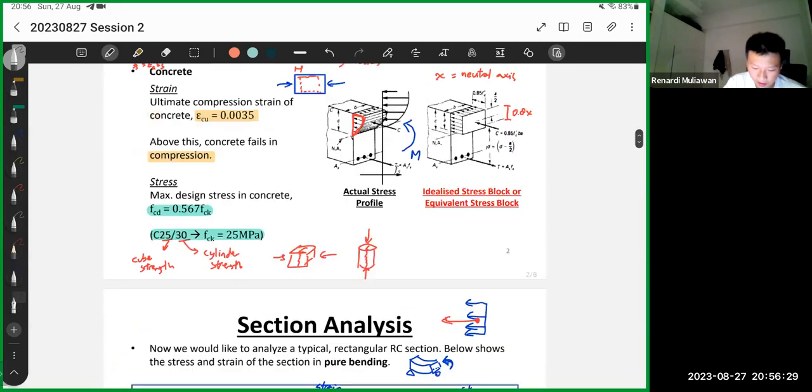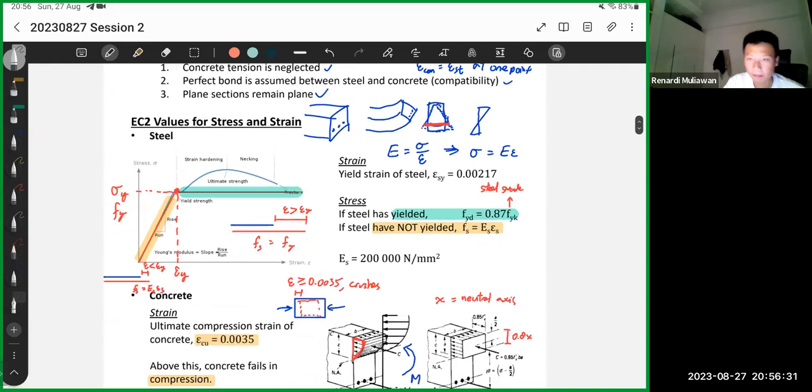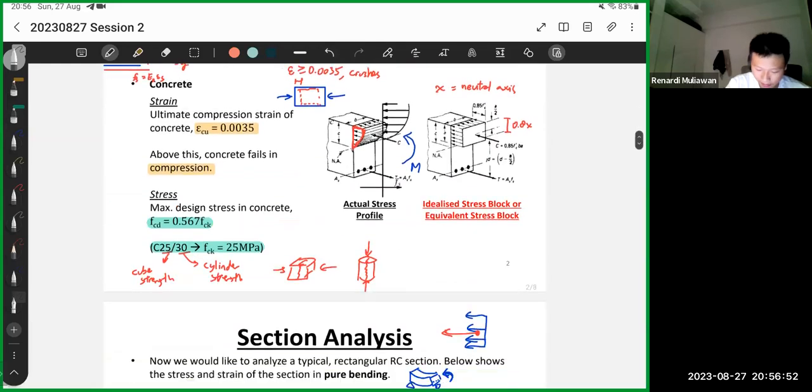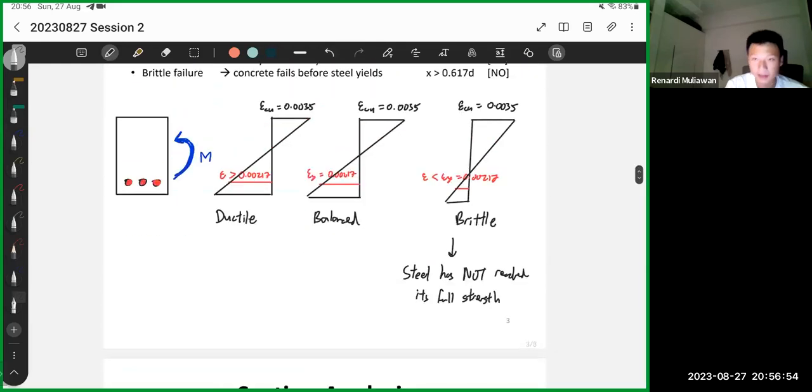Because remember, if you look at the stress and strain graph for steel, before epsilon y, the strength is low. This is the maximum strength, but basically we are still here. So we don't want this. It means we are not using the steel enough. We just use concrete too much. So that's why we don't want brittle failure.